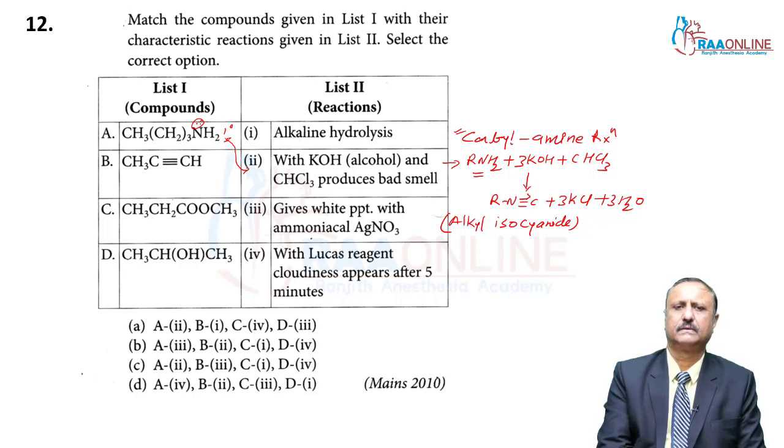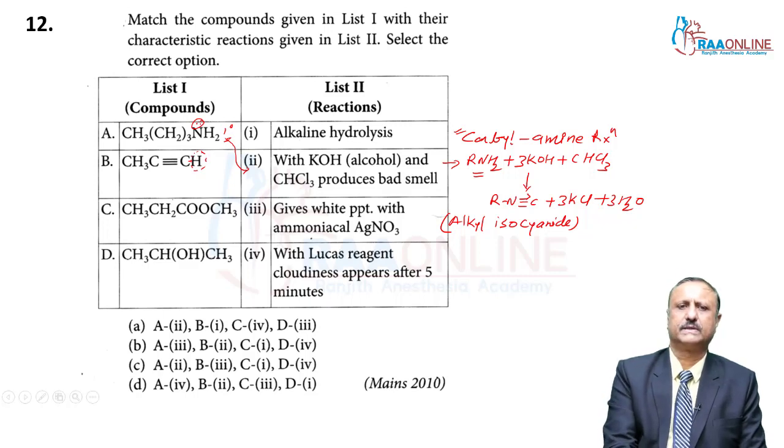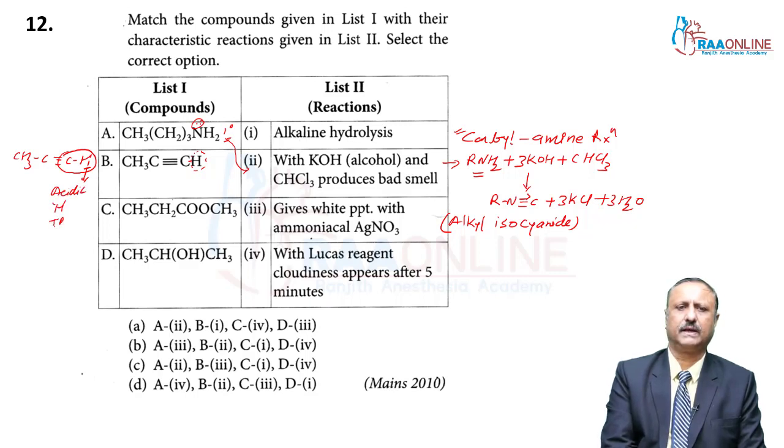Now, we can see the B part. Here you can see the B part, my dear students. Here you can see an acidic hydrogen atom is present, because when you see the CH3 C triple bond CH group, this group is present in any alkyne, then the hydrogen atom is acidic, and this acidic hydrogen atom gives the Tollens test, Fehling solution test, or decolorises bromine water. 3 tests are there, my dear students.